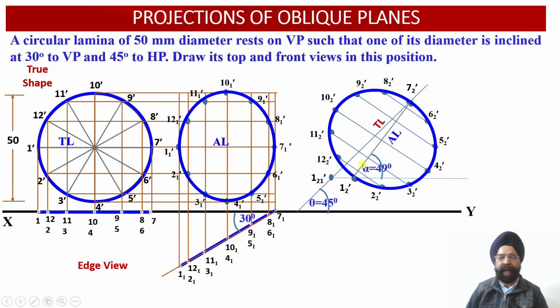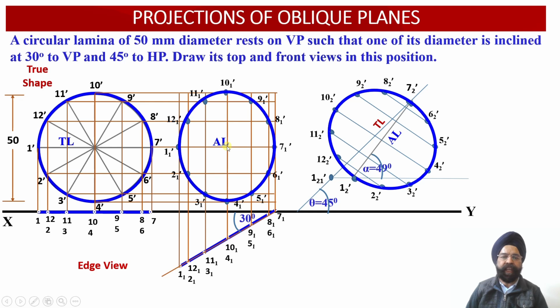And similarly 1, 2, 3, 4. So from the 4th point, measure the same distance in the upward direction perpendicular. Point number 9 will be defined. Measure the same distance below this particular center line. So point number 5 will be defined. And finally point 1, point 2, point 3. So this is point 3. This is also point 3.